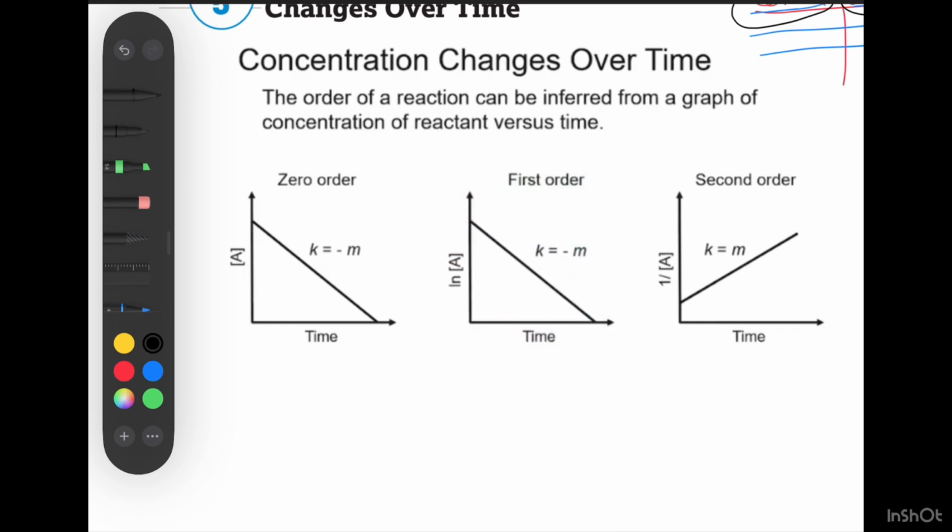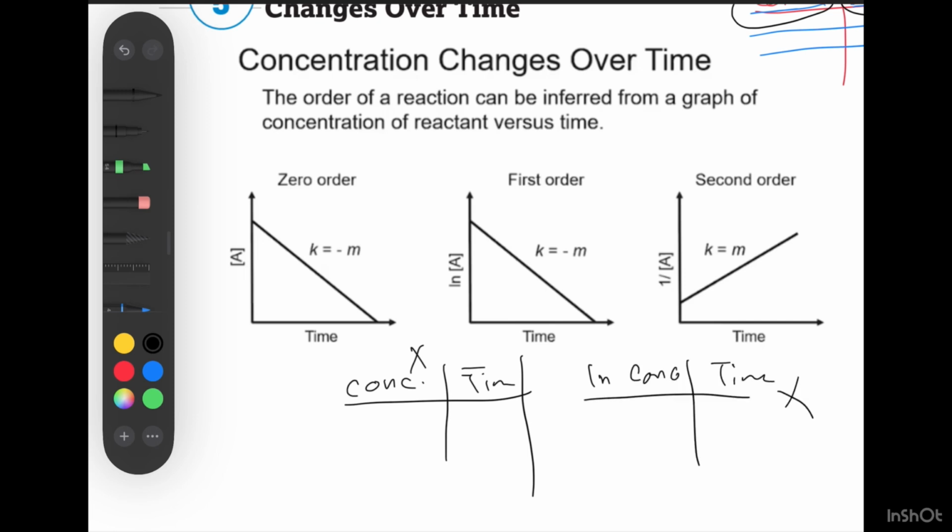Now, since the concentration versus time didn't work, and taking the natural log of the concentration with respect to time didn't work, I have to choose the reciprocal of the concentration versus time. So generally, you have to take the reciprocal of your concentration. Your concentration was 0.025. The reciprocal is 1 over 0.025.